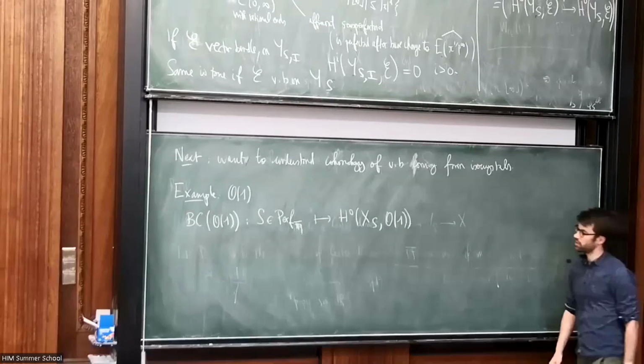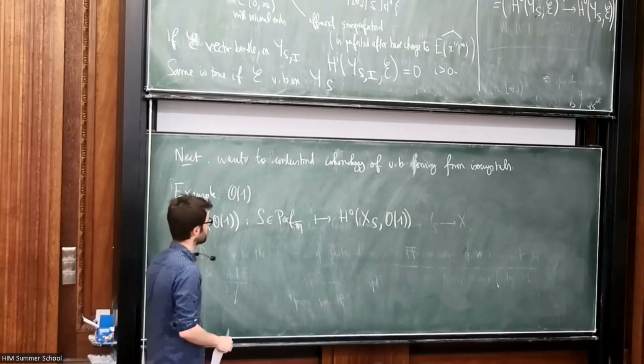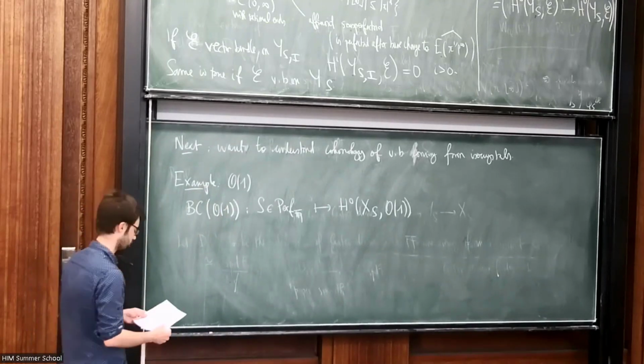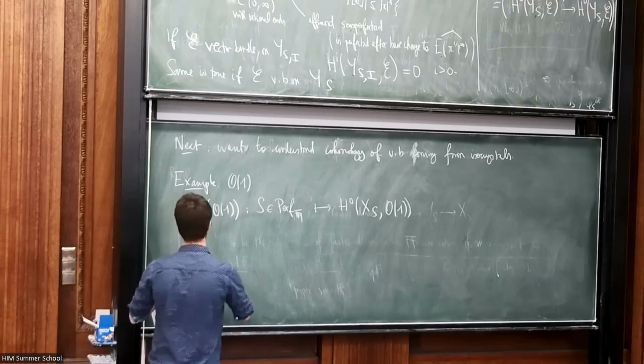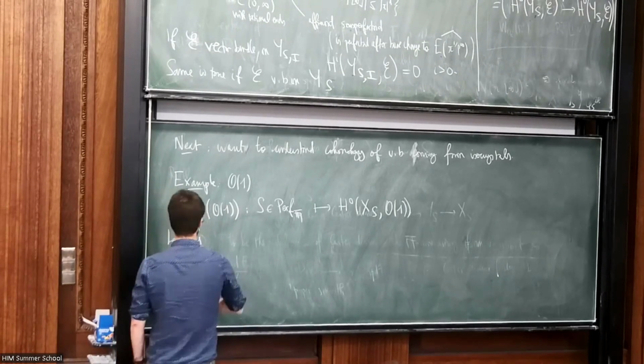And there is a nice description of this functor, which involves Lubin-Tate theory. I will try to explain it in a rather sketchy way, but at least I try to give the statement.